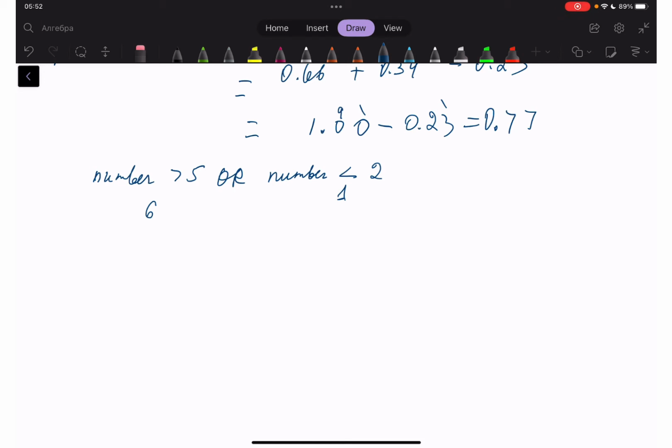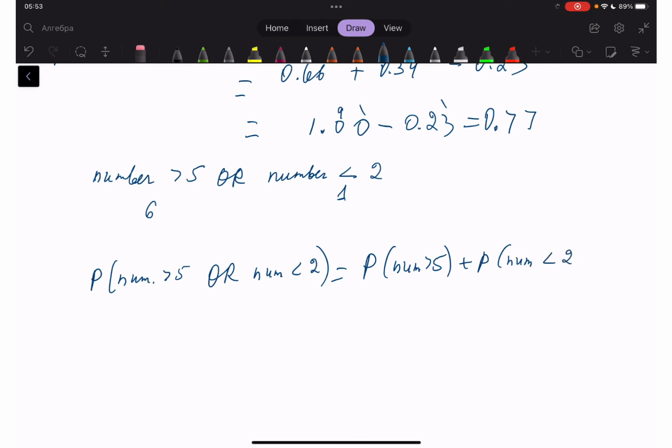So in this case, the probability of number greater than 5 or number less than 2 is going to be equal to probability for number greater than 5 plus probability for number less than 2, recognize the formula, minus probability for number greater than 5 and number less than 2.